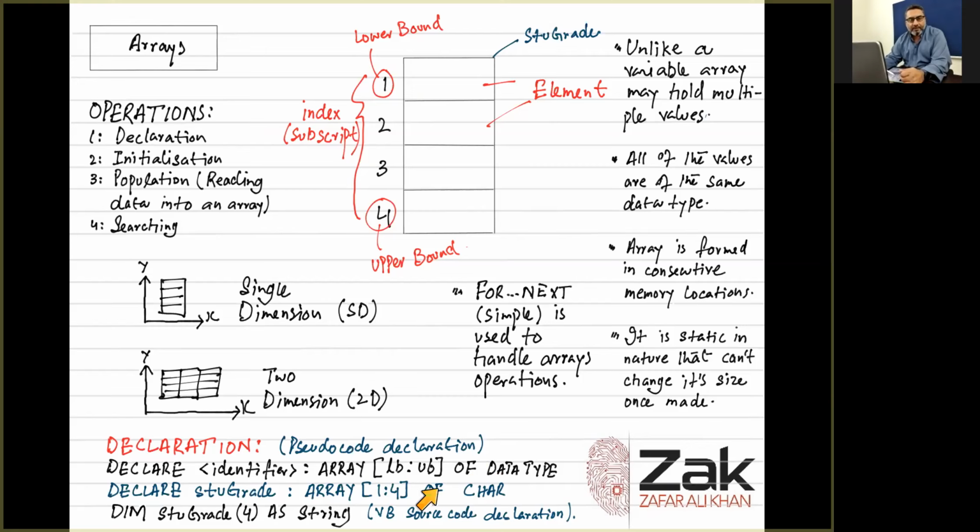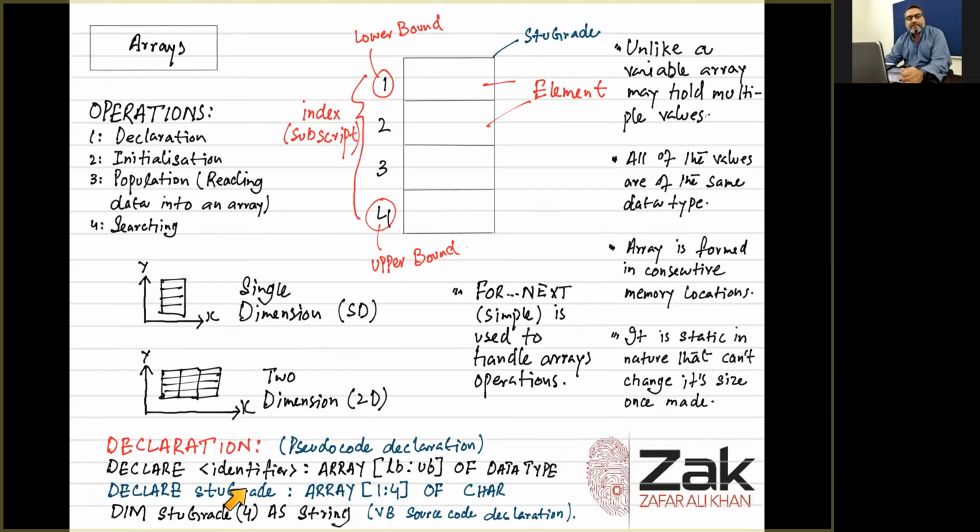AS ARRAY which starts from the lower bound 1 and ends at upper bound 4 of the data type CHARACTER. All right. And if we declare the same array in Visual Basic, you would have to pass this command, which is called Dim, declare in memory. Few people call it dimension, but I believe that the better thing is declare in memory. StudentGrade, and then in parentheses, all we have to do is to tell about the upper bound.